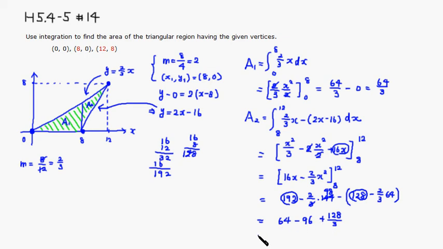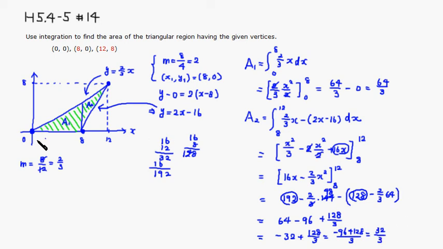So let's simplify that. Actually, it's going to be negative 96 plus 128 over 3, which is equal to 32 over 3.